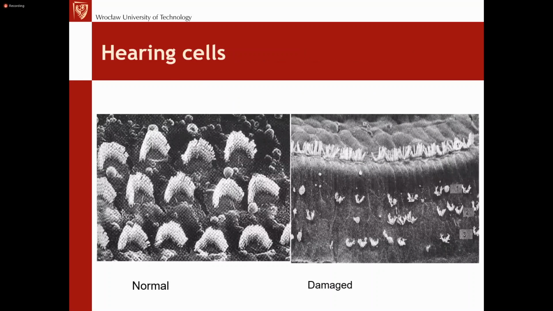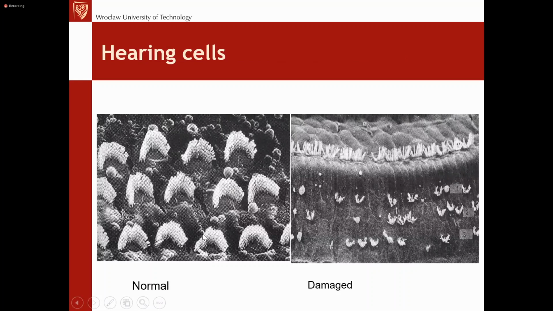And you can see in these two pictures some hearing cells, of course, in great zoom. On the left, three rows of outer hair cells, and on the right, one row of inner hair cells, as well as three incomplete, or I mean damaged, outer hair cells here.